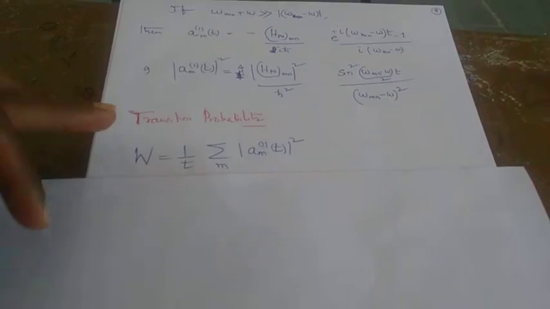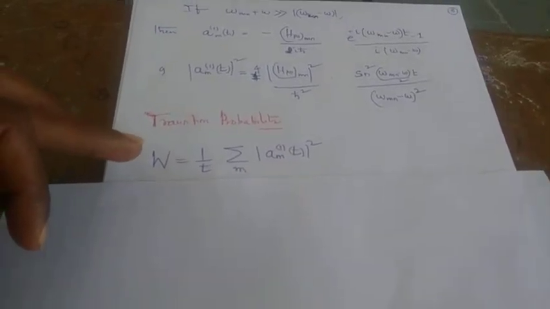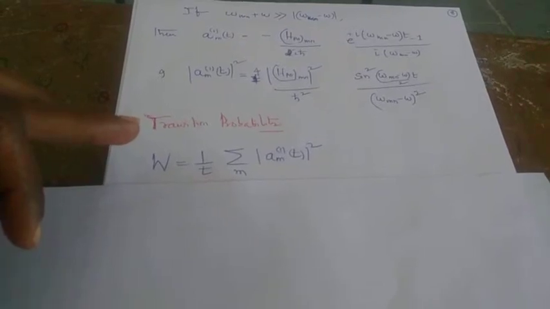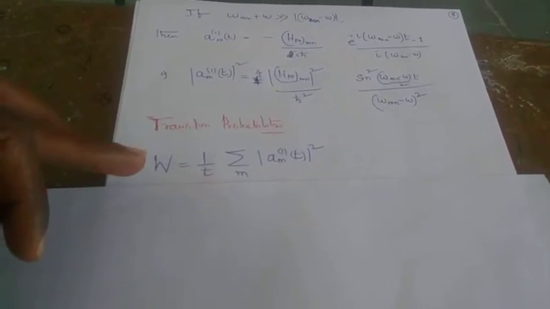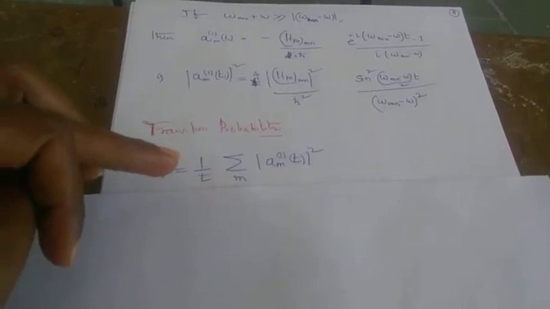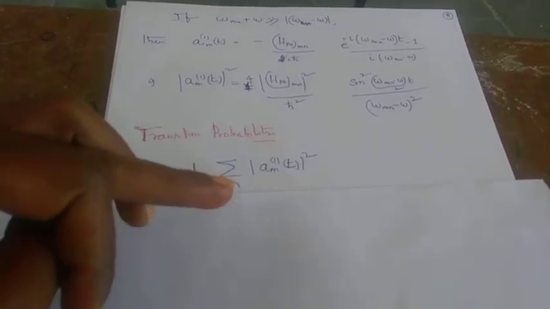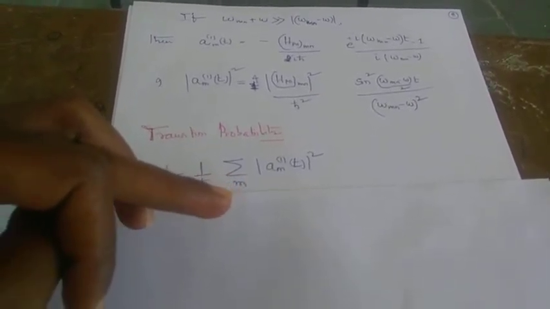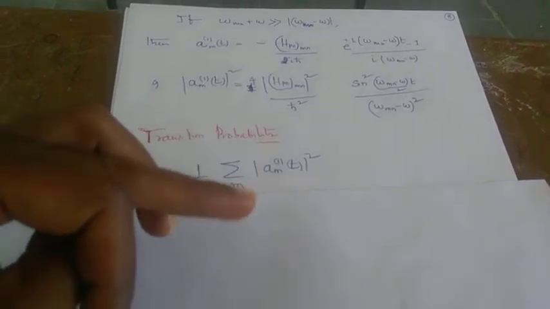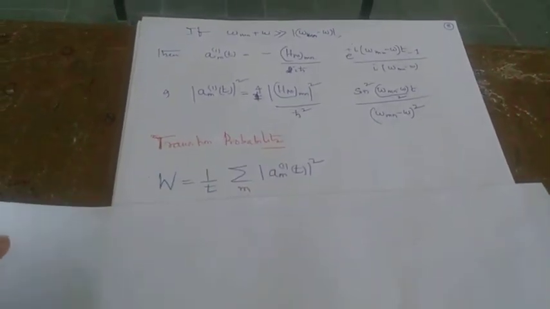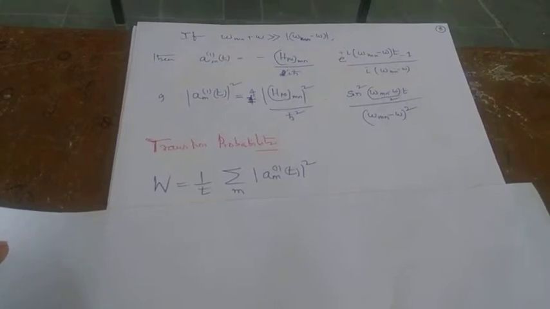In this case also, we can define the transition probability between level n and some continuous energy levels m. Mathematically it is equal to 1 by t times the summation of all probabilities between the energy levels n and m. So we can write this as the modulus square of a_m^(1)(t).